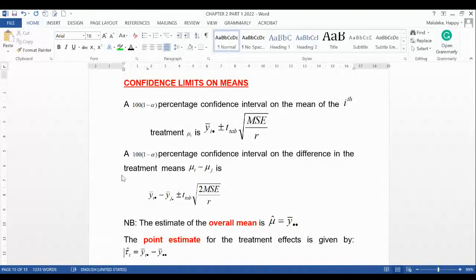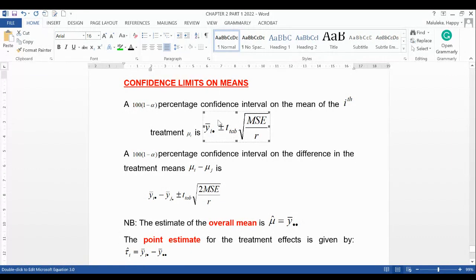Let's go back to the LSD. You will help me because you are the ones who have the answers. It's possible that I can say find the confidence interval for treatment A. It means you will use this one. If I say find the confidence interval for a certain treatment, you use the first formula.